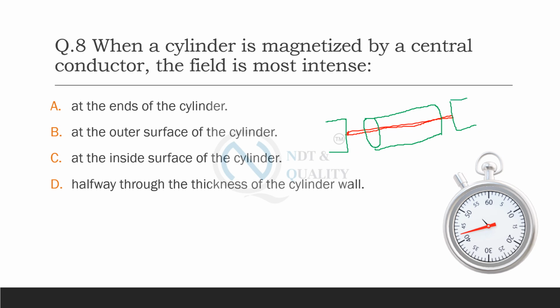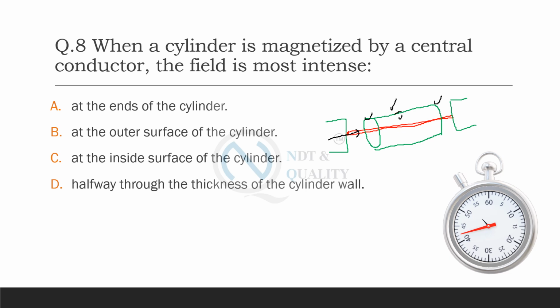Okay. We are passing current from this direction. So magnetization is most intense at which place? Option A is at the end of the cylinder, means here. Option B, at the outer surface, means here. At the inside surface, ID side. Halfway through the thickness of the cylinder wall, means in the mid side.